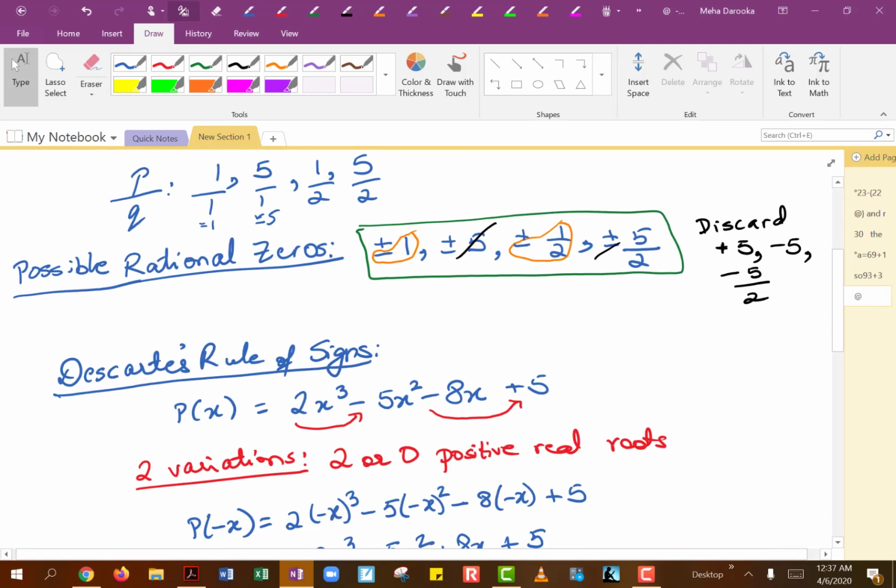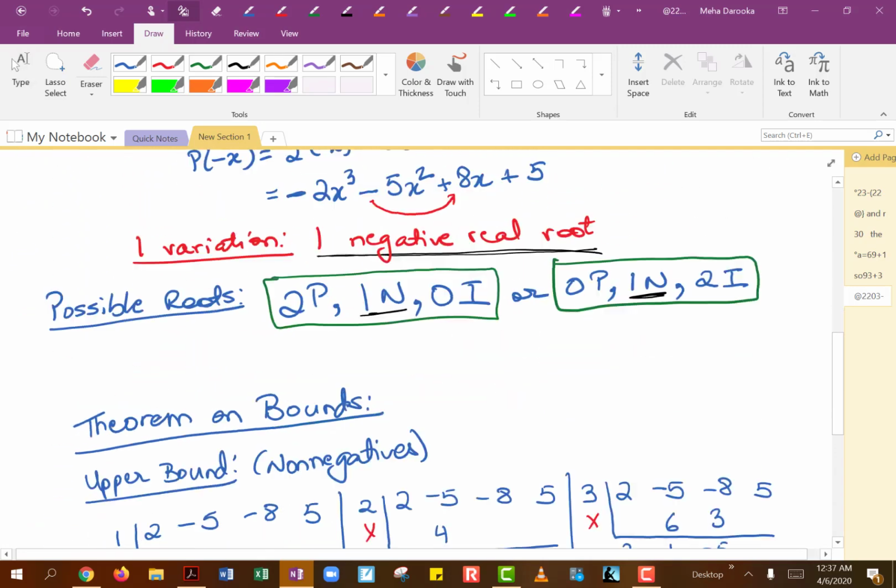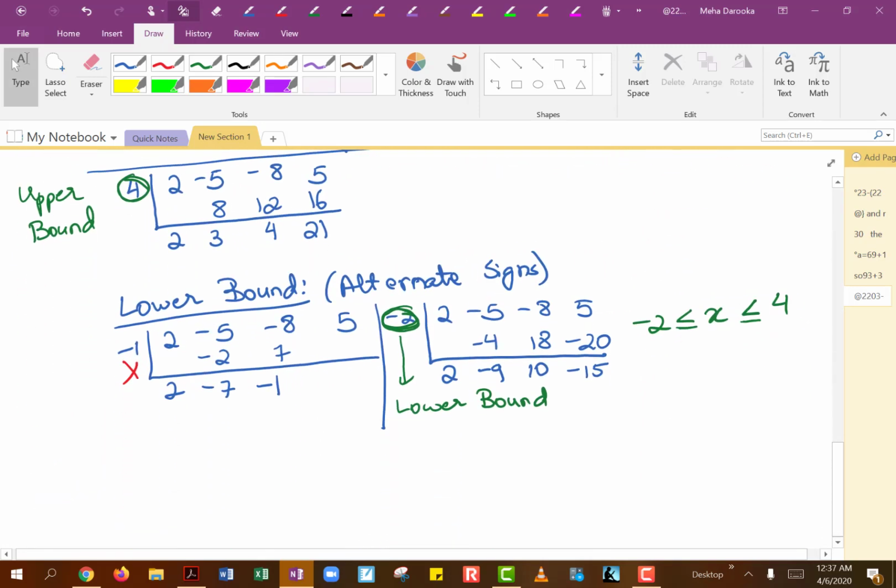So what I will actually do is for this negative 1, you can actually come back to where we were doing this lower bound calculation, because I've already done most of it, right? I am dividing by negative 1. So go all the way and see, do you get a 0 remainder in your synthetic division? So all we have to do at this point, and I'm going to do this in orange so you know that we're checking for this.